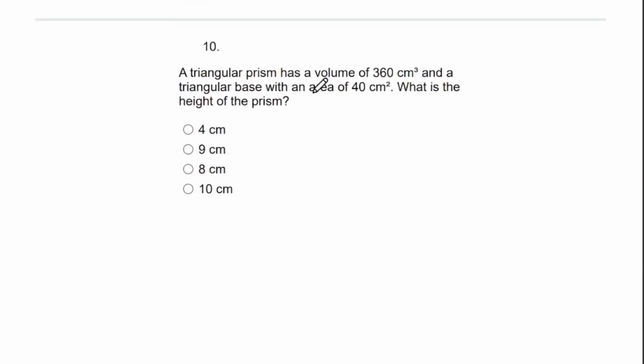A triangular prism has a volume of 360 centimeters cube and a triangular base with an area of 40 centimeters square. What is the height of the prism? So the volume is base area times height.